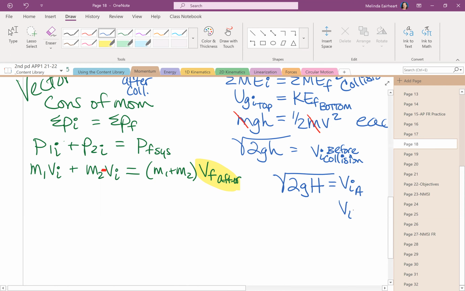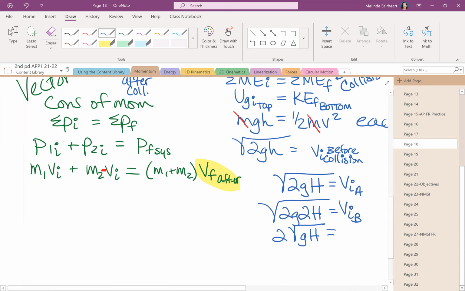What about V initial of B? It'd be the square root of 2g times 2H. And we can actually take that one a little further. 2 times 2, square root of 4. I can pull the 2 out, or keep it in, just make it square root of 4gH.